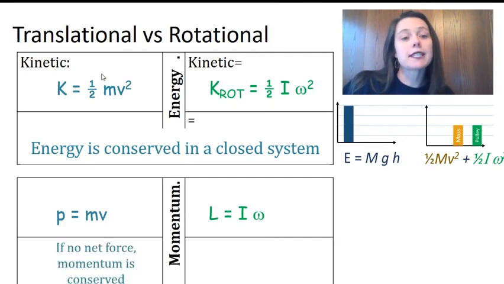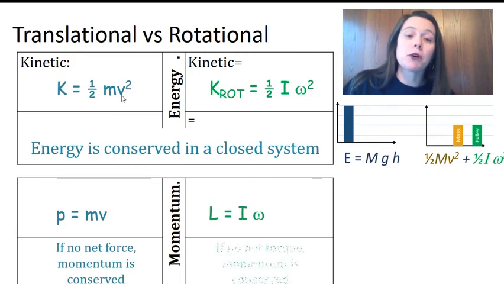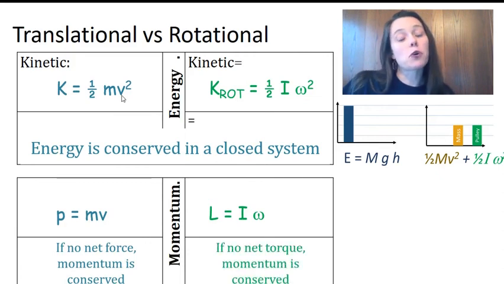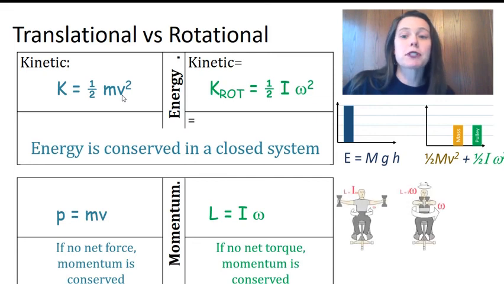In the linear case, if there is no net force on an object, its linear momentum will remain the same. In terms of rotational motion, if there is no net torque on an object, the angular momentum of an object will remain the same. We look at this in several different examples.